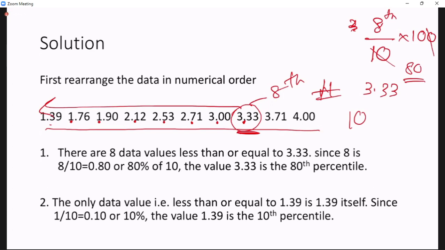Therefore, we say the 80th percentile value is 3.33. Understand? So, if you want to find the 10th percentile value, that should be the first one, no? That should be the first one, that is 1.39.